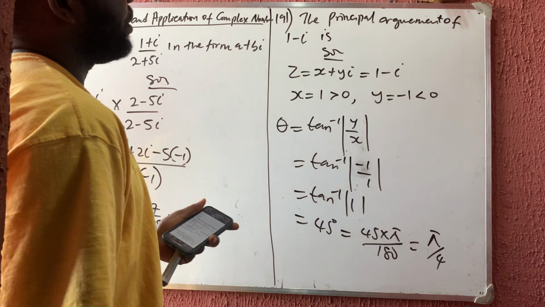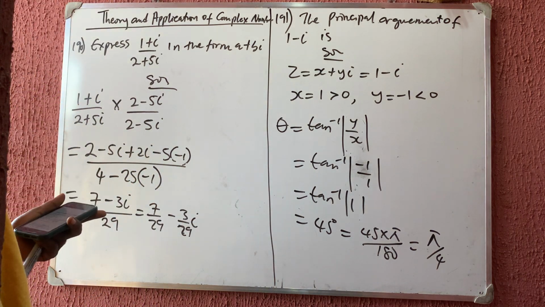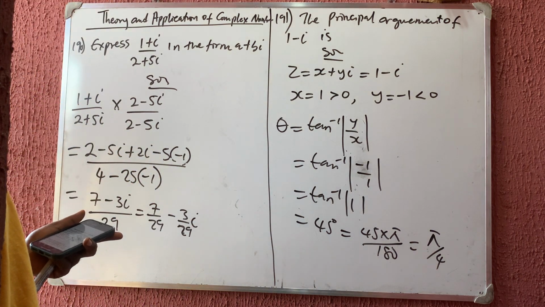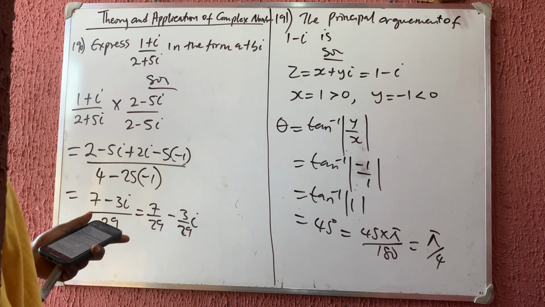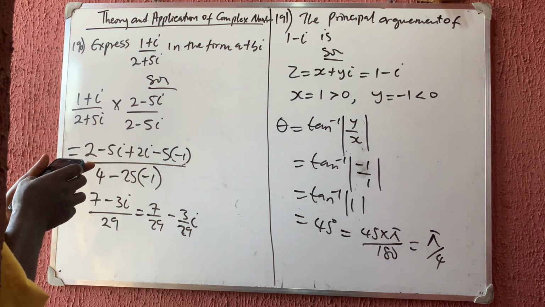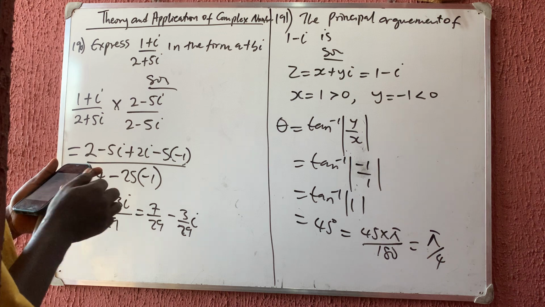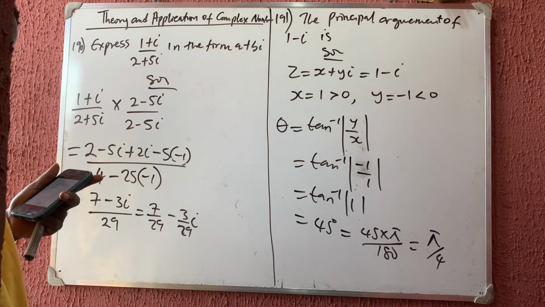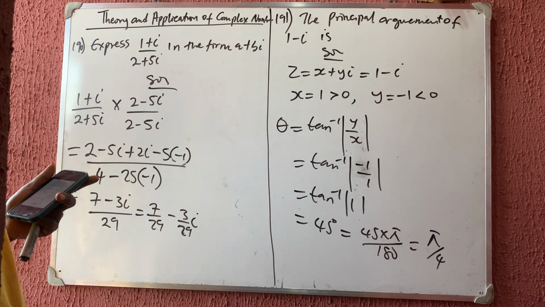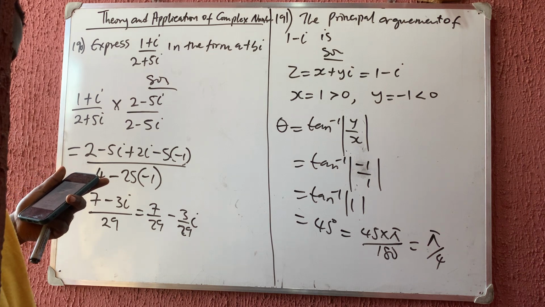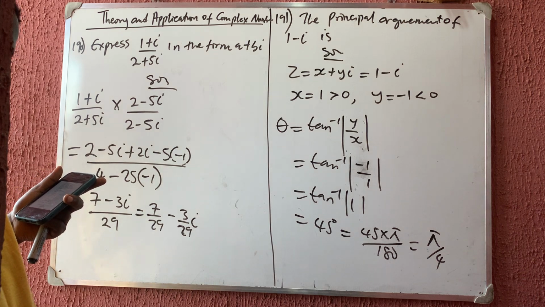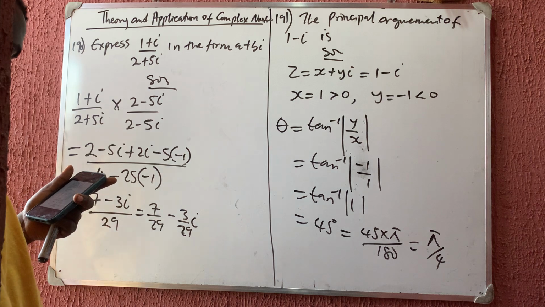So the principal argument is the same as the normal argument, which is the tan inverse of y over x. Are we taking the absolute value? Okay, we're not taking the absolute value here.